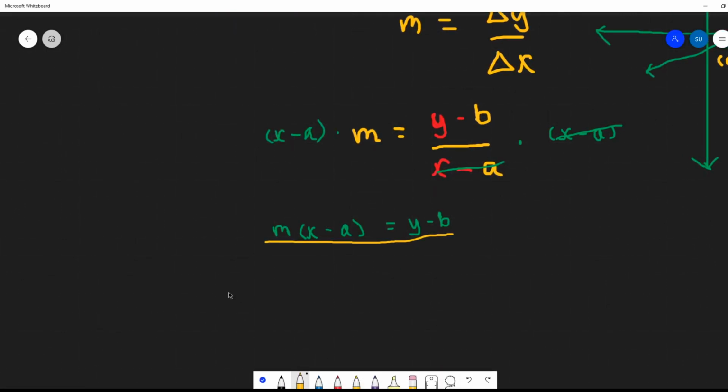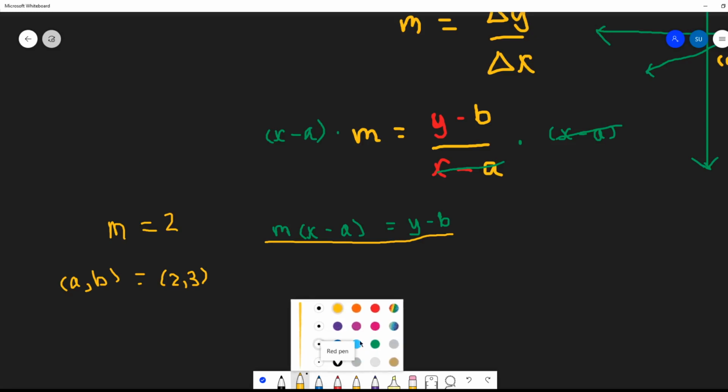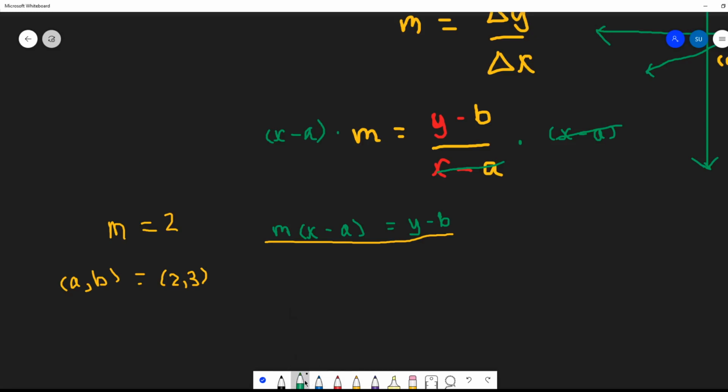So say we had a slope of 1, right? And our point was a, b, we'll say 2, 3. Actually, we'll make the slope 2. Just make it a little more difficult. So plugging these numbers into our, I don't even know why I made that yellow.